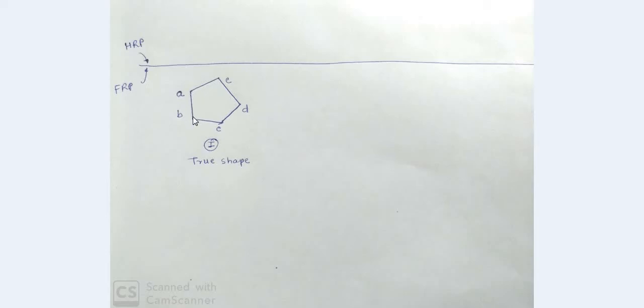In other words, we have to keep that element free on the left hand side which is having some property or some condition with respect to HRP. So in our problem, condition with HRP is of the edge. That's why we are drawing this edge as a vertical first, and then we are drawing the remaining pentagon.